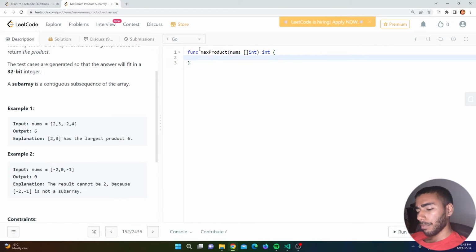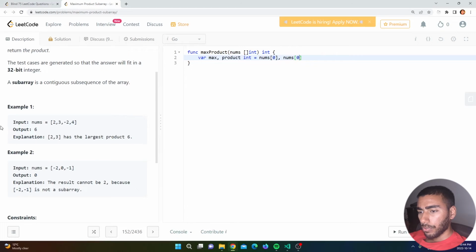So essentially how we want to address this is we want to track the product going across the array, and we want to keep track of the max. So we'll say var max and product is an integer, and let's make that equal to the first one, so nums at indice 0.